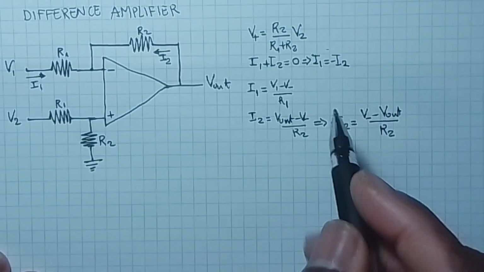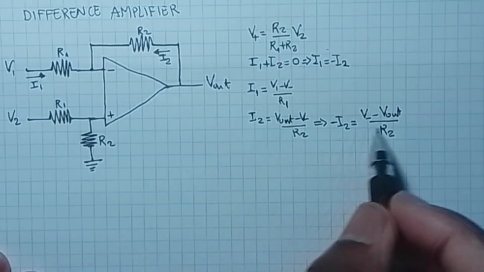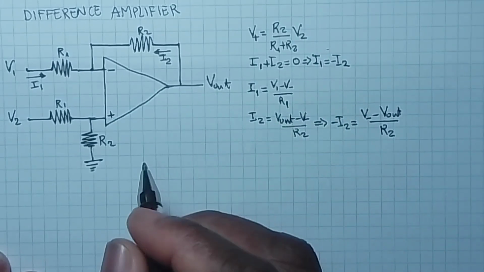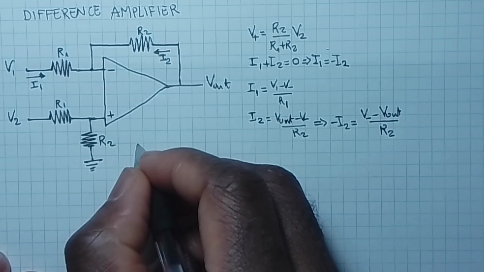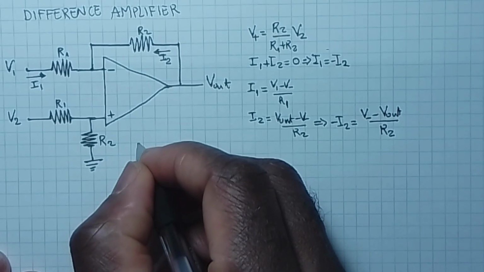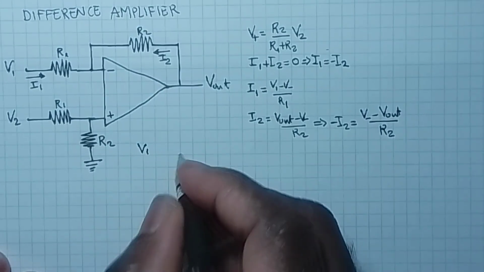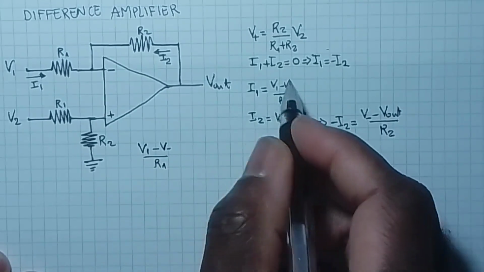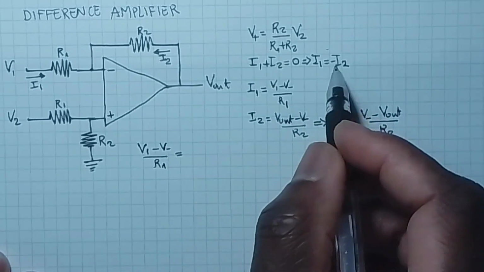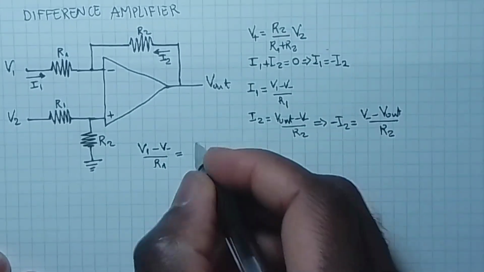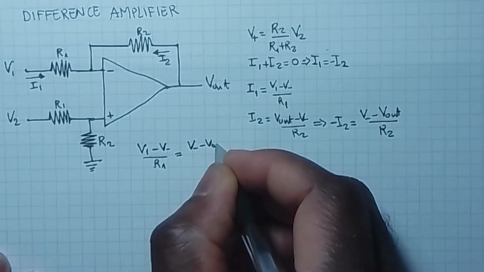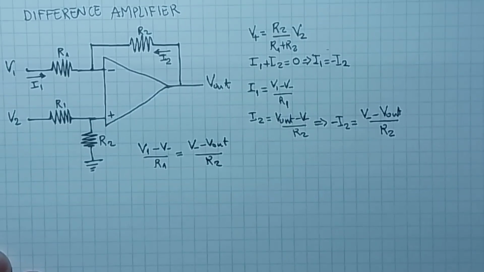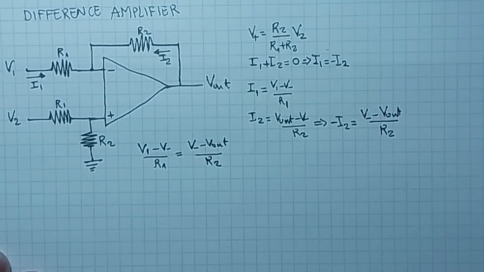So by substituting the values of E2 and E1 into this equation here, we get V1 minus V minus over R1 equals minus E2, which is this. So V minus minus V out over R2. Okay.